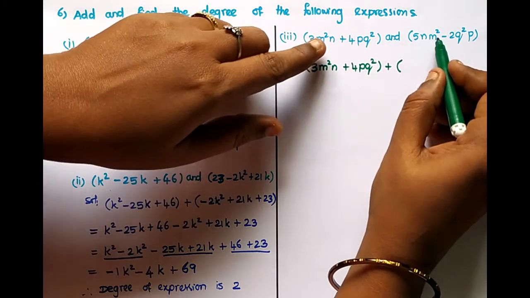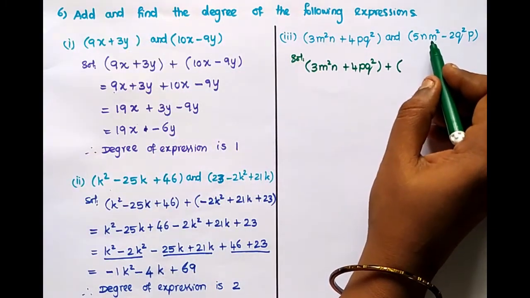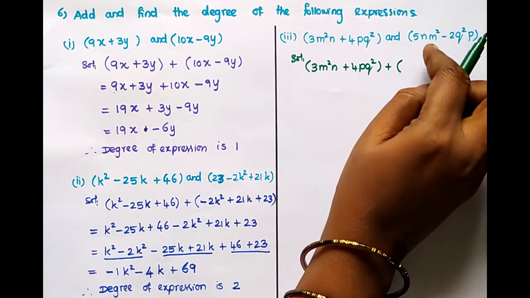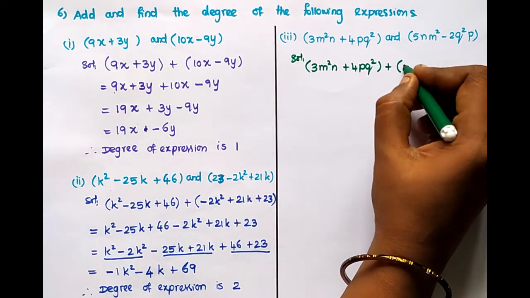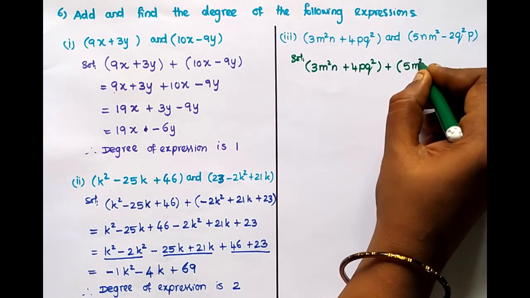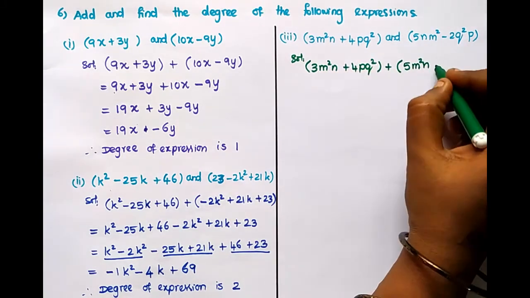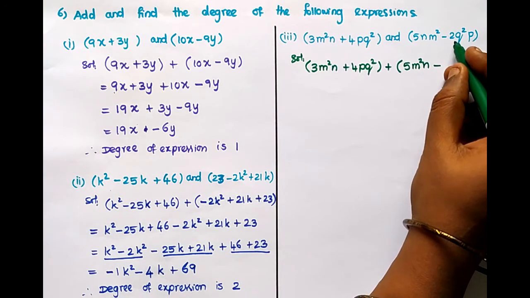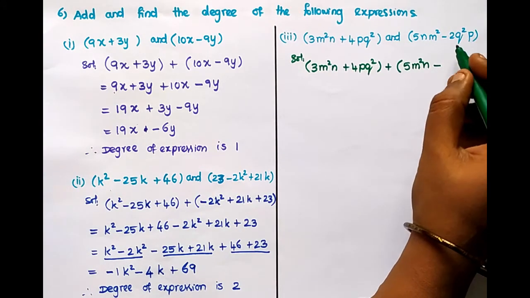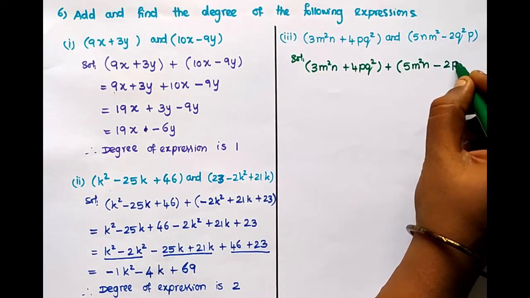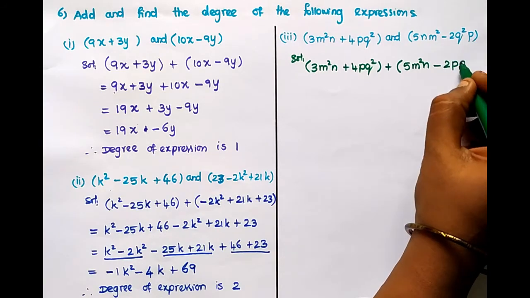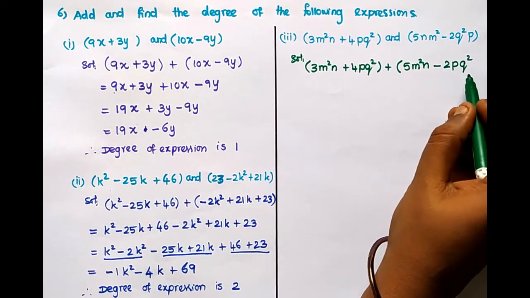The power is on m only. So that is the concept. Here we can change the variable order. So 5m squared n, same variable. So minus 2p q squared. 2p only here, q squared. So we can change that.